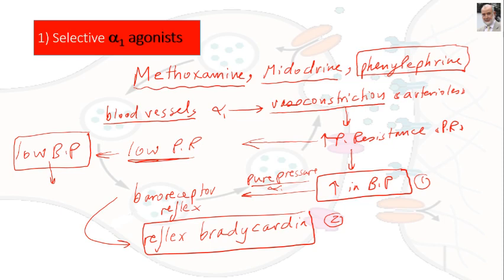So these drugs, by producing vasoconstriction, increase the peripheral resistance and therefore increase the blood pressure. Once they increase the peripheral resistance, that means they have very important clinical application in cases of low peripheral resistance, which will result in low blood pressure, which is known as hypotension.